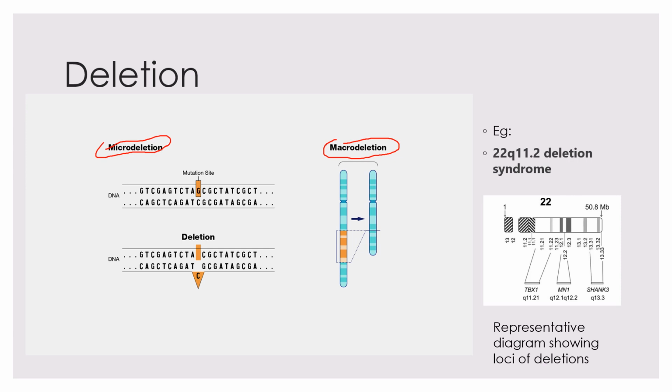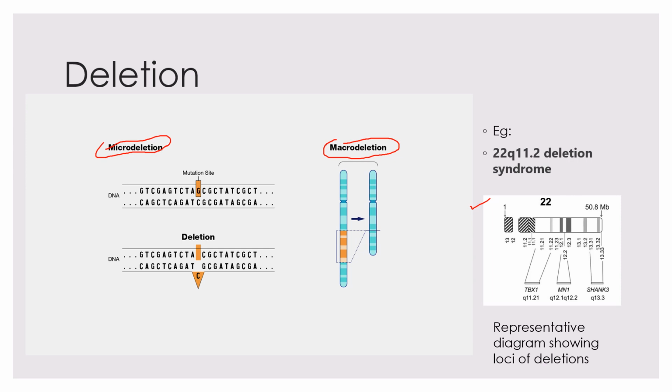This is a representative diagram of chromosome 22 where in the region 1.2 is being lost, but you don't really need to remember this, but remember 22.